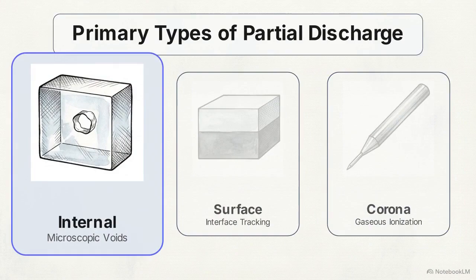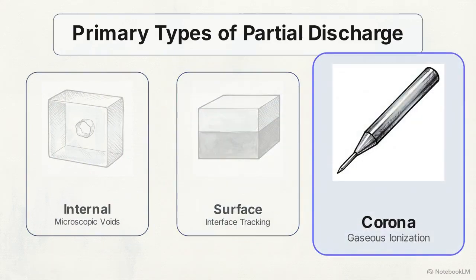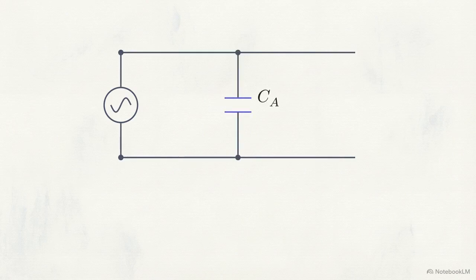Internal discharge occurs in microscopic cavities, aggressively degrading solid insulation. Surface discharge tracks across contaminated solid-liquid interfaces. Corona discharge happens in gas around sharp metallic points, generating corrosive ozone. Engineers model this electrically. In this equivalent circuit, Ca is the total capacitance, Cb the healthy insulation, and Cc the gas-filled cavity.